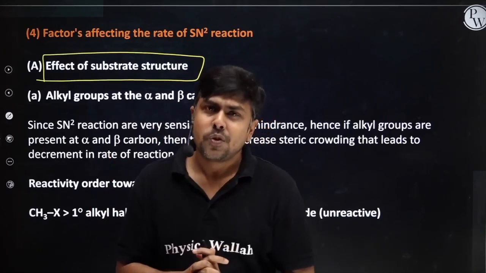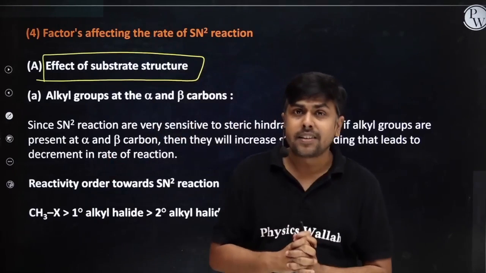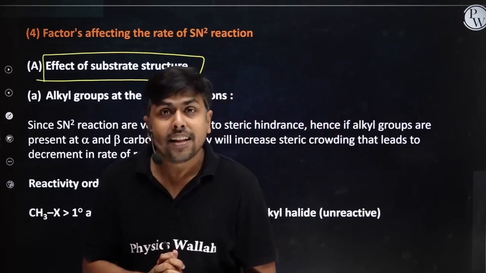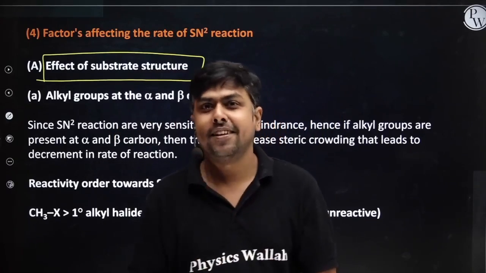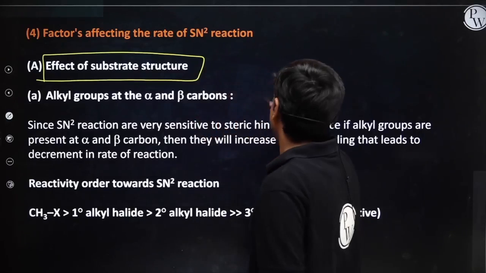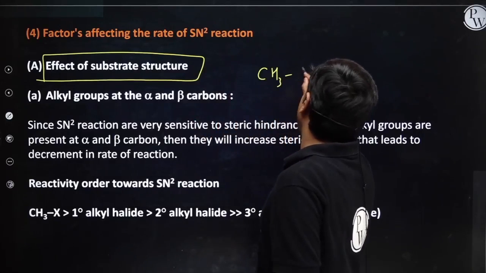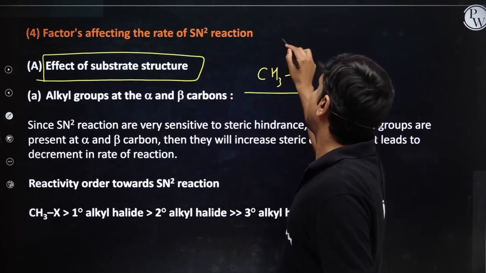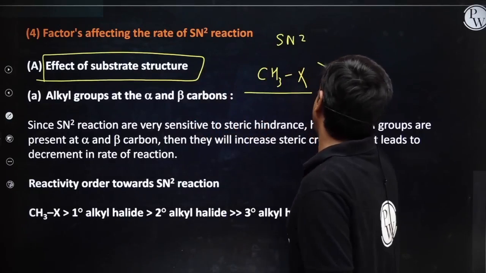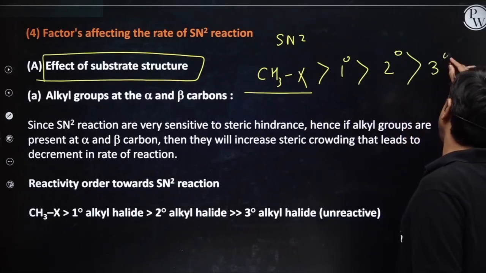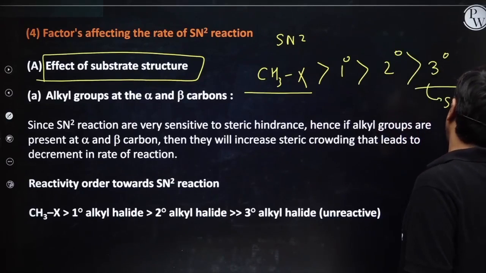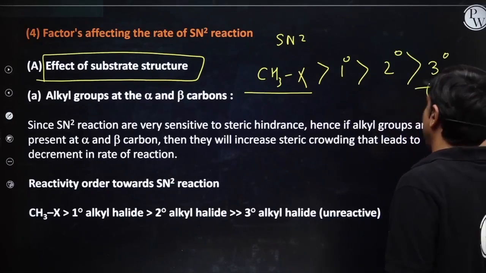So can I say a less hindered, sterically less crowded alkyl halide will promote SN2 reaction at a faster rate. Methyl halides will give SN2 at a faster rate, then 1 degree, then 2 degree. In 3 degree, SN2 will not occur. Am I clear?